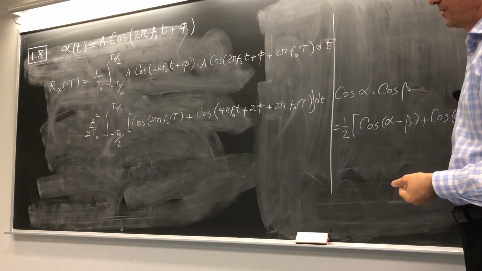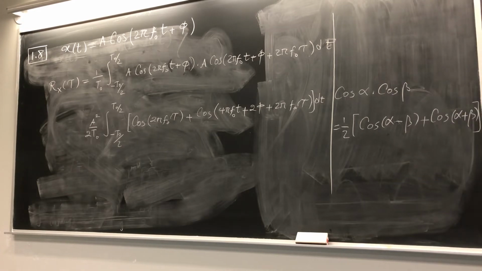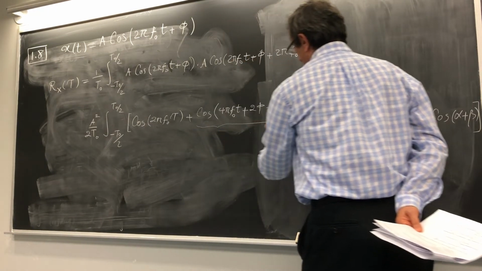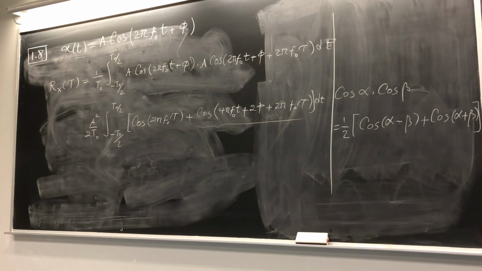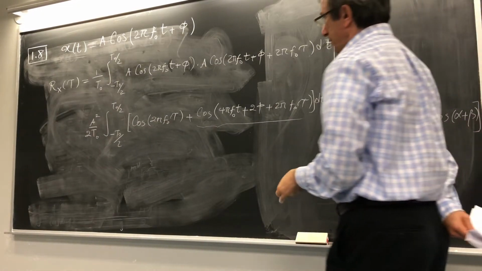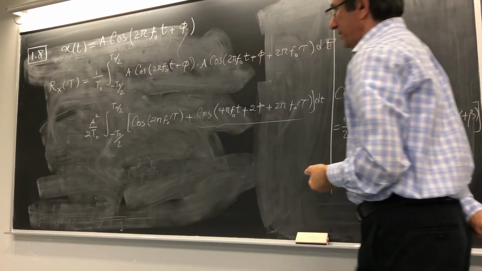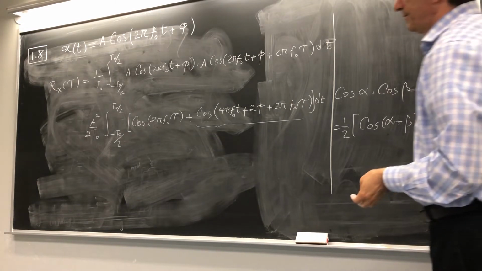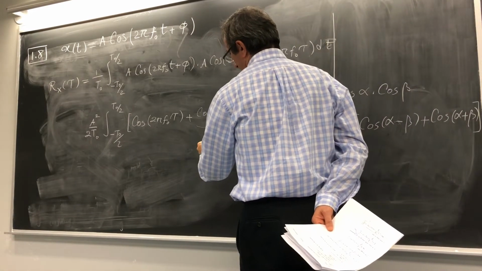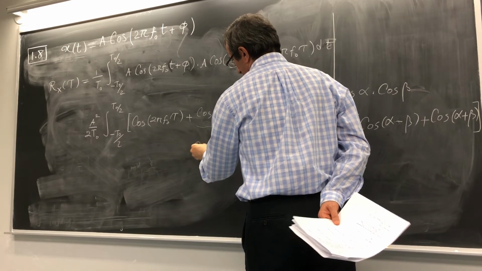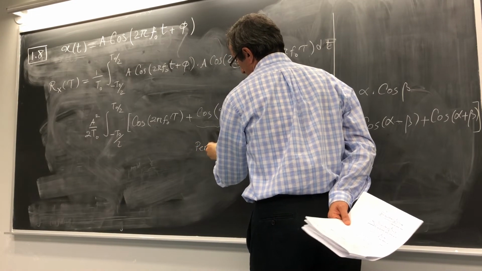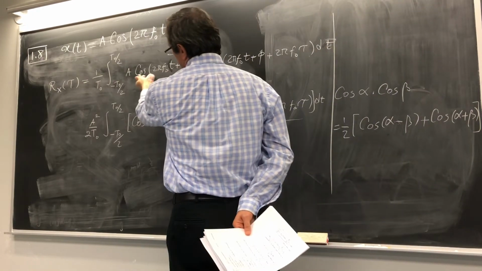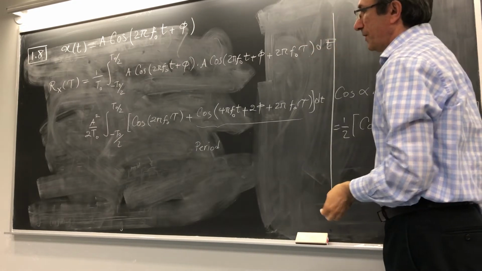All right. Now what? We can ignore the tau term and the phi term. This one is a periodic function. What is the period? The period can't be of frequency type. The frequency is twice as much as the original signal, so the period is half as much.